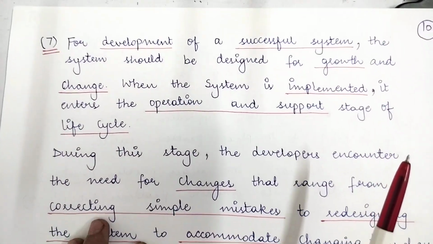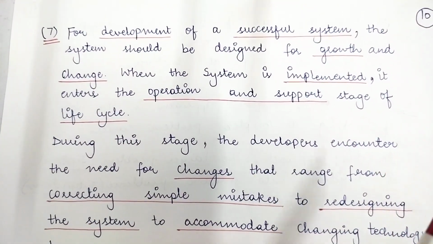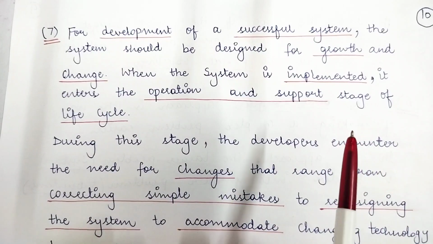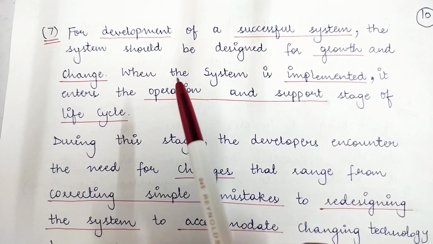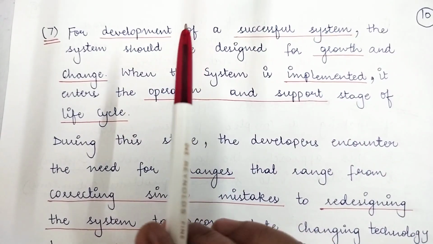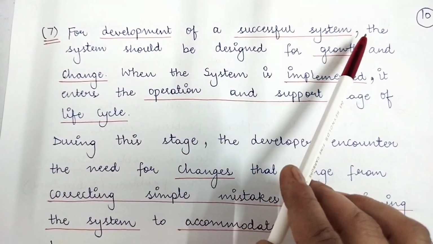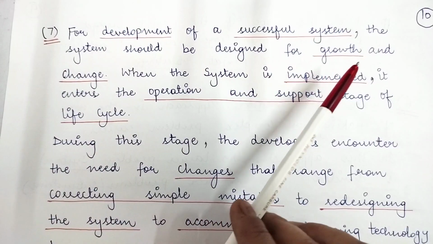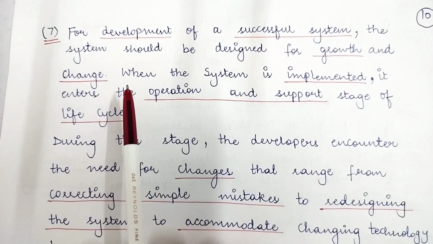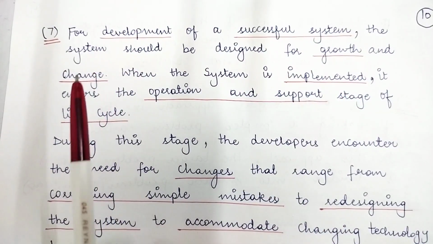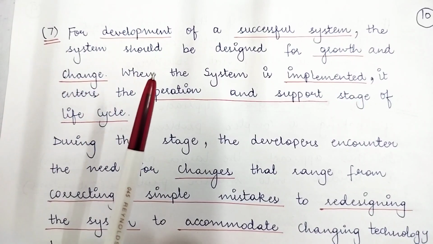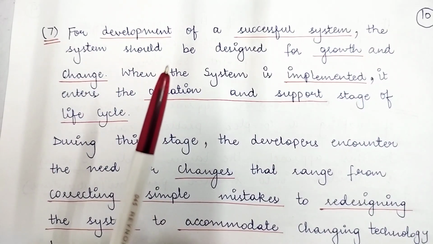And the last rule that should be followed, or the last standard that should be followed for the development of a system using various phases of SDLC, is that a successful system should be designed for growth and change, right? You know things are not fixed. Things change with time, so does an information system.